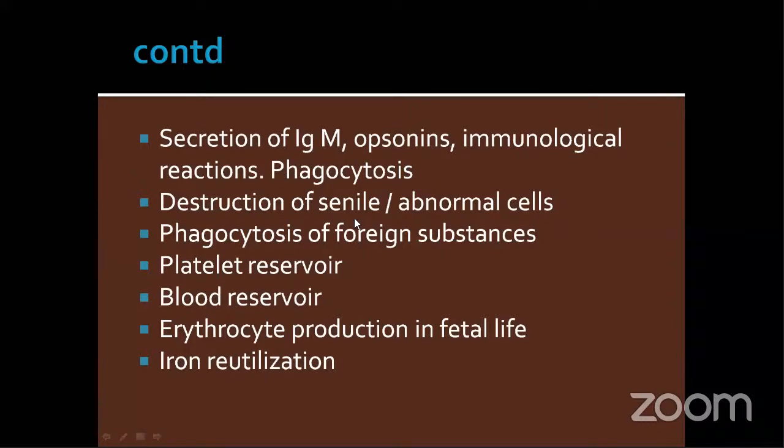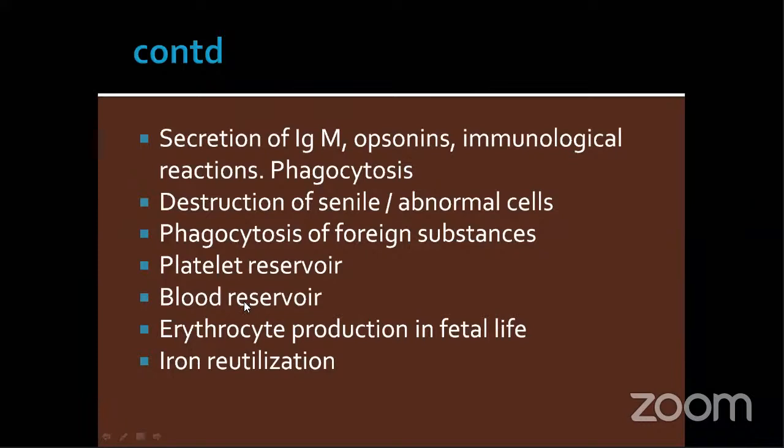Also the destruction of senile or abnormal cells, predominantly RBCs or even the platelets. And also phagocytosis of foreign substances; not only the organisms, even the foreign bodies can be actively phagocytosed by the spleen. They act as a platelet reservoir as well as blood reservoir.